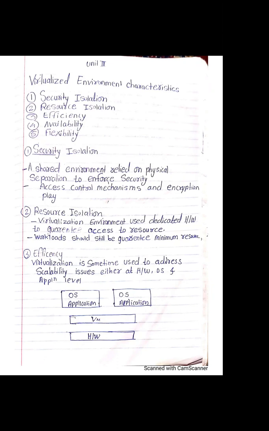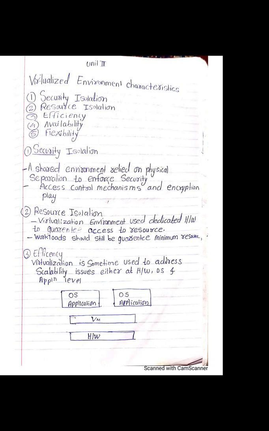It is the ability to run multiple machines on a single physical system. There is an access control mechanism and encryption. These two parts are there. First is the key player in security isolation, and another is access control and encryption. With the help of this, some security will be allotted to your virtualization technology.